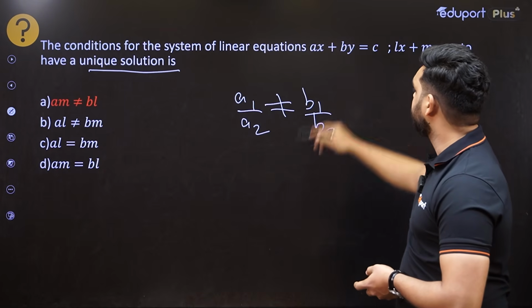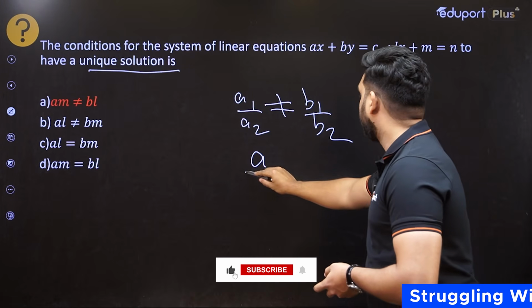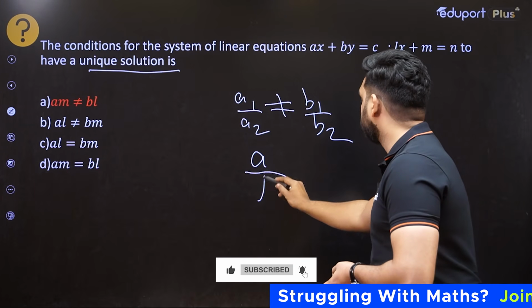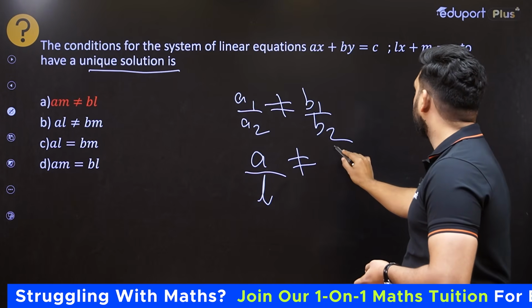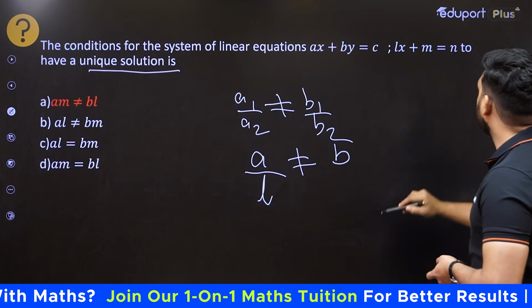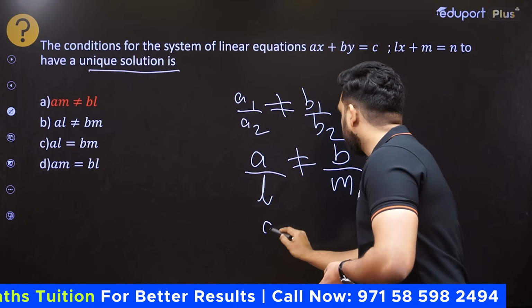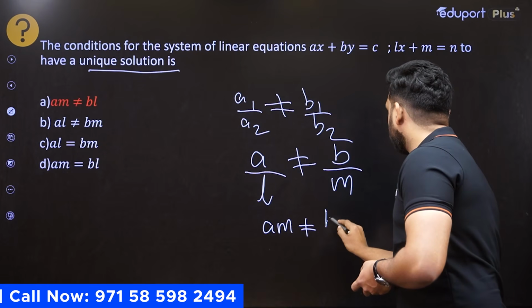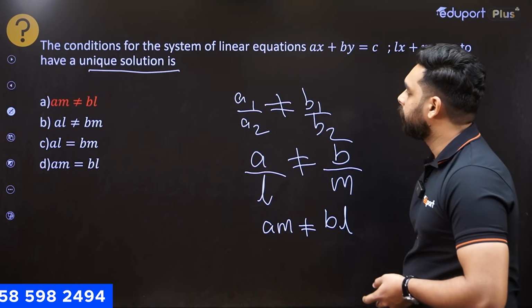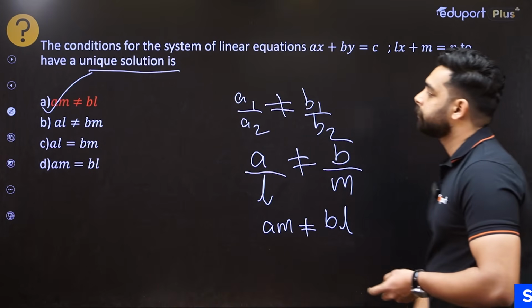Here, take A1 as A and A2 as L, not equal to B1 as B and B2 as M. So if we cross multiply, you will get AM not equal to BL. Just check whether that is the first one. Okay.